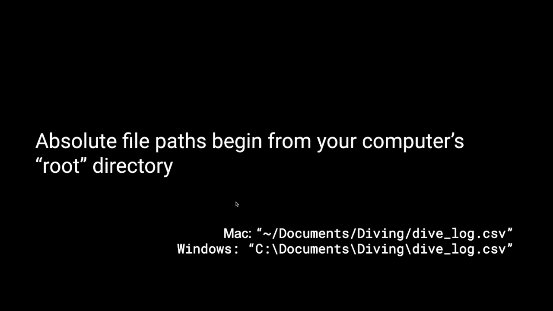So an absolute path to your divelog CSV might look like the tilde, /documents, /diving, /divelog. On Windows, since you'll often have partitions with different hard drives, the root directory for an absolute file path is going to start with the name of that partition. So for example, the C drive, /, etc.